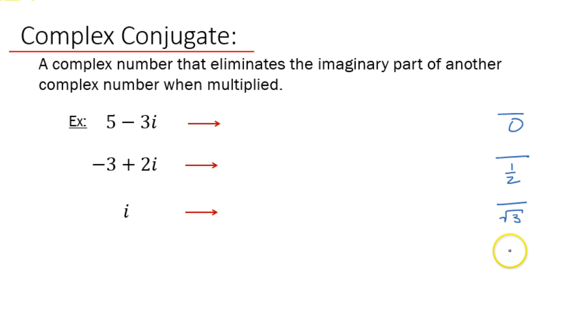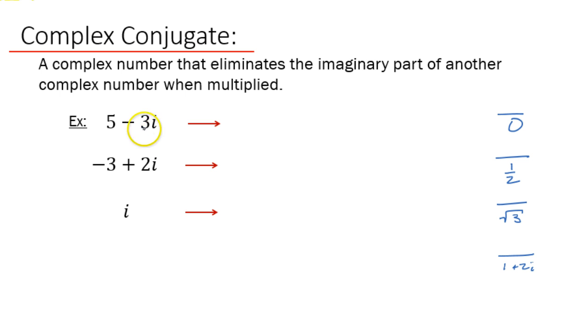Well, the other one we don't want in our denominator is complex numbers, like 2i. So in order for us to get rid of that, we're going to have to find a complex conjugate.